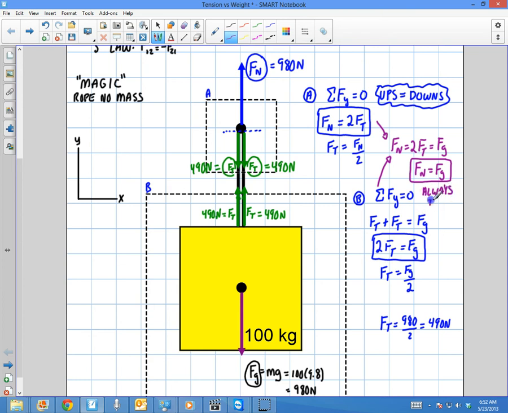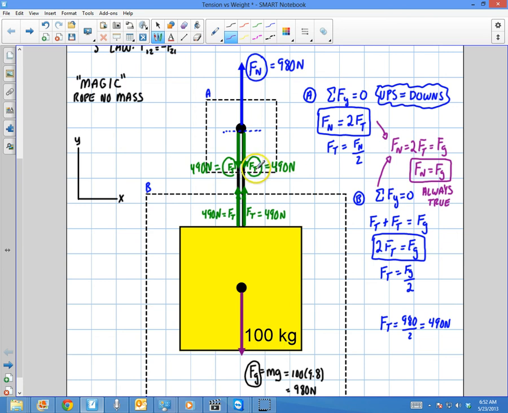Always true in this example, even if I change the angles here, even if the tension of the rope starts to change, that relationship never changes. So the force normal on the nail is always going to equal the weight of this hanging object.